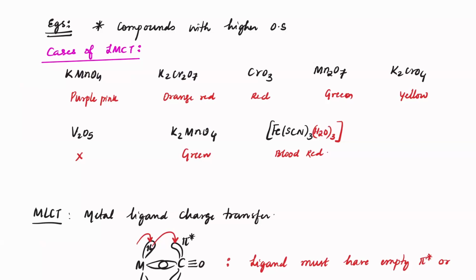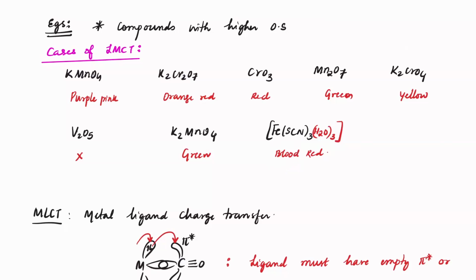I forgot that. In all these cases, you will notice we will have mostly LMCT cases, because the metal is in a higher oxidation state surrounded by oxygens. So the Laporte selection rule is strictly followed. The last case is interesting. Iron plus 3 is the highest oxidation state iron can achieve, and the ligand SCN minus is pushing the electron.